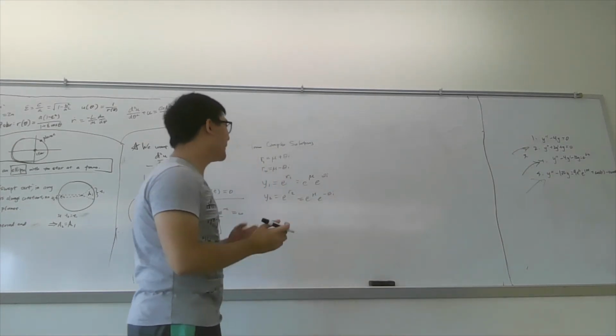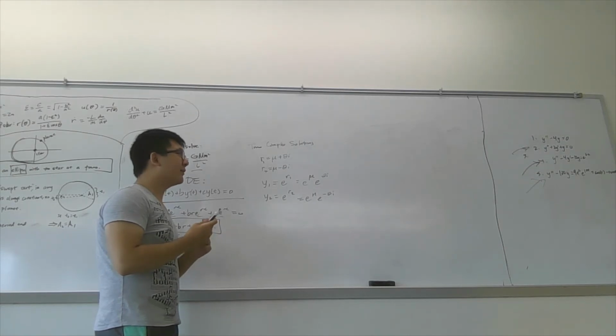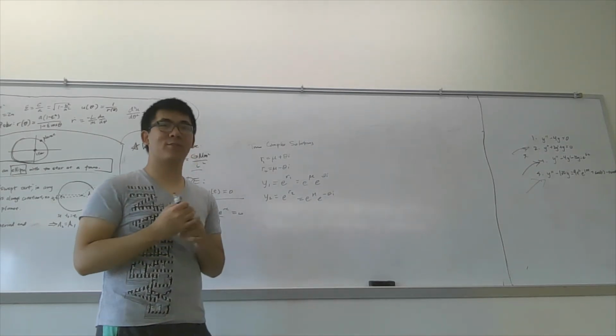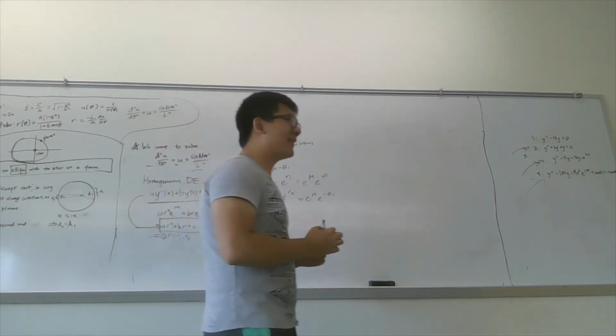The problem is that we can't use these two solutions to create our general solution because they're both complex values. They're not real, and that doesn't make sense.